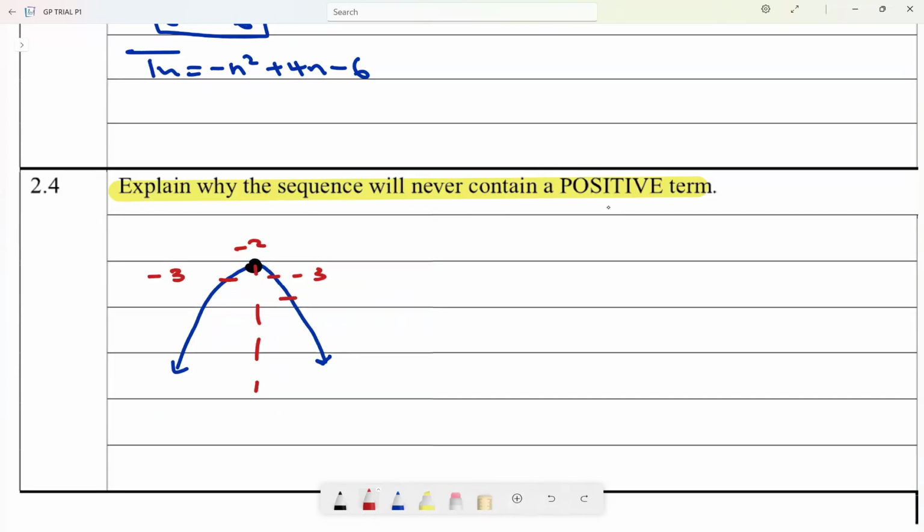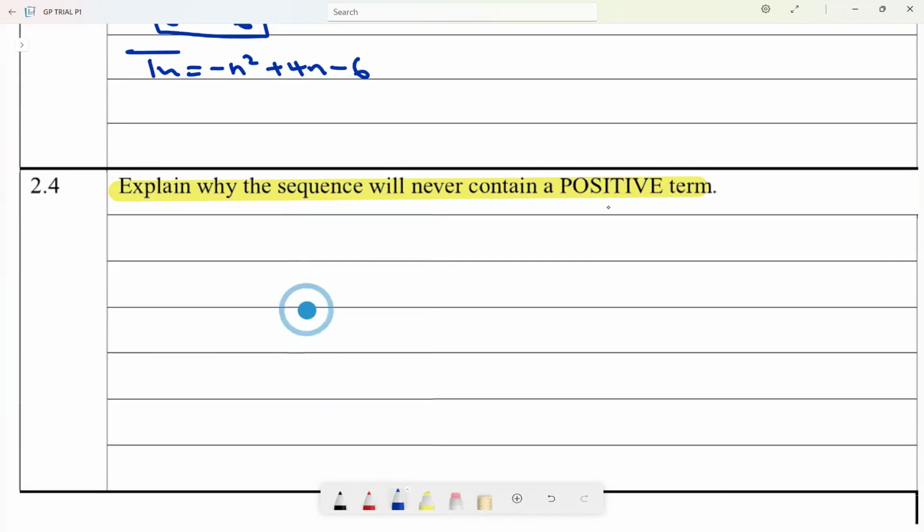We are talking about the values of y here. Then it went to -6, and then -11, and so on. So let me illustrate this in the form of a parabola. It's very acceptable, guys, to reason using a parabola.